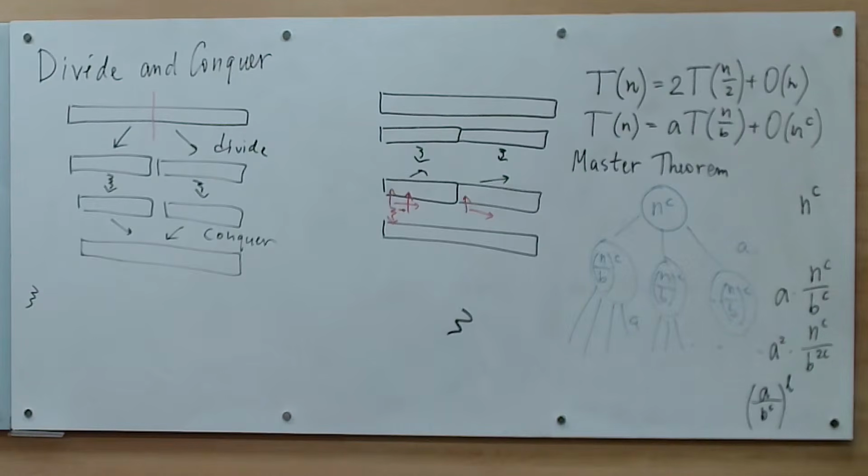So this is actually a geometric progression. There are 2 options. The first element is dominating if this is smaller than 1, the last element is dominating if this is greater than 1, or they are all the same if this is exactly 1.